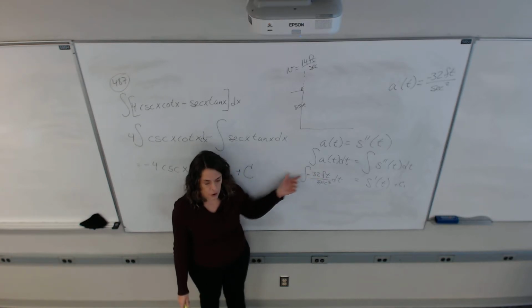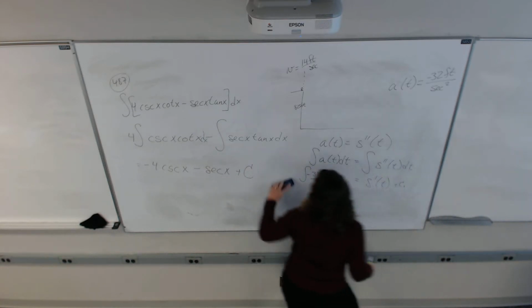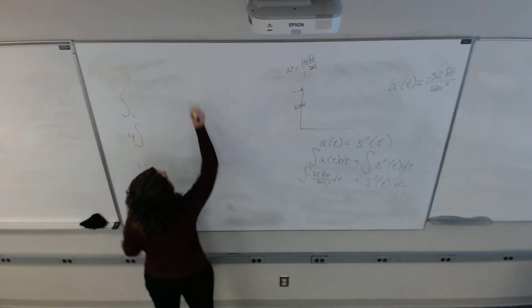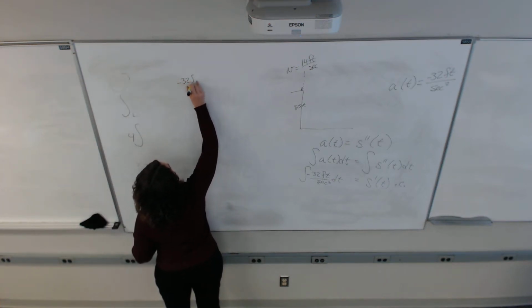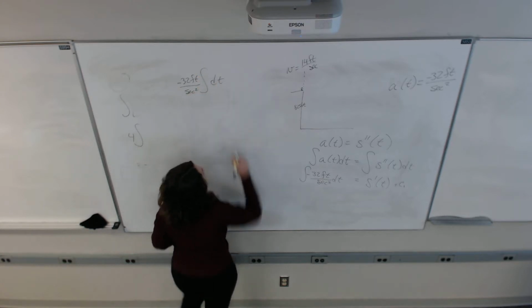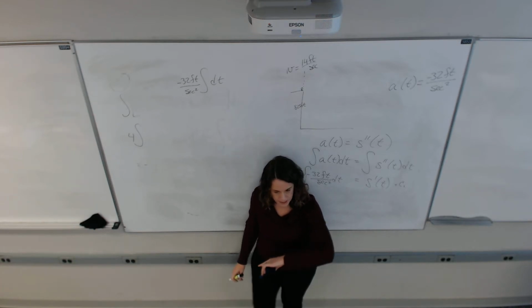So can I pull the whole constant out of the integral? Yes, you can. It'd be negative 32 feet per second squared times the integral of dt. What is the integral of dt? t, because the antiderivative of 1 is t.